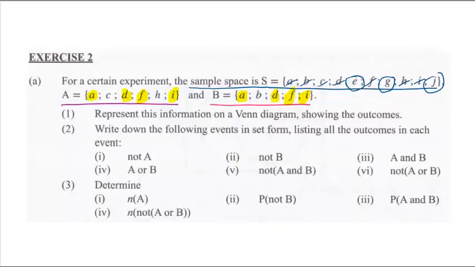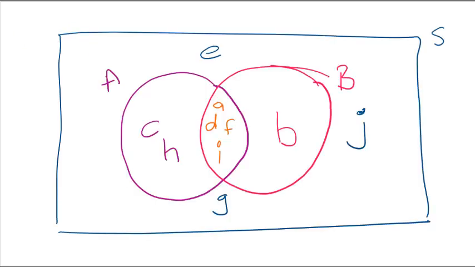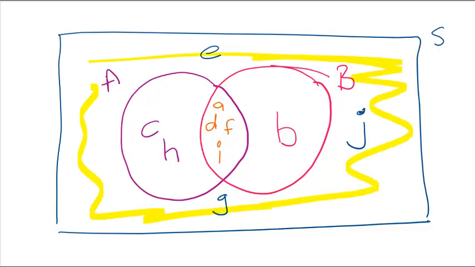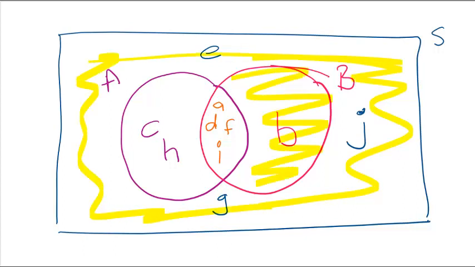Question number 2 says, write down the event for not A. Okay, so not A, I am going to write as A apostrophe equals open curly bracket, and I'm going to list everything that is not A. So not A is going to be everything in the blue and everything in the B that is not shared, right?